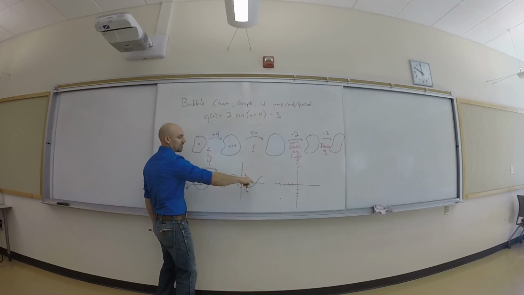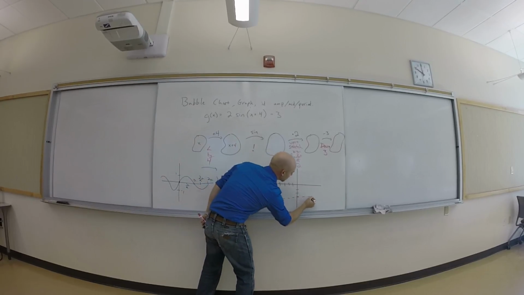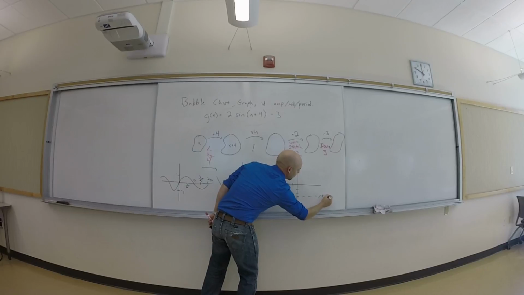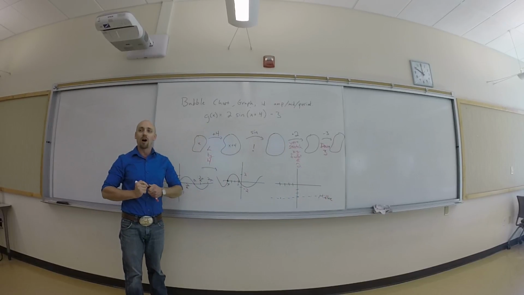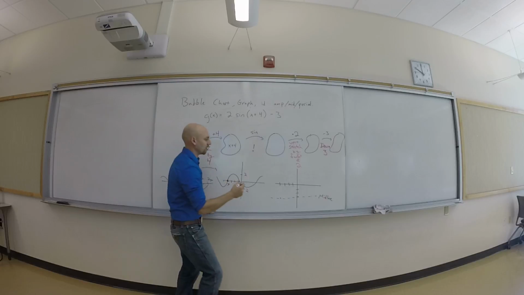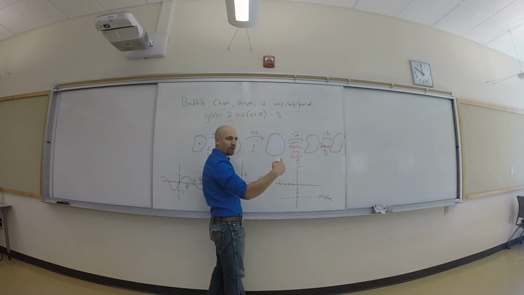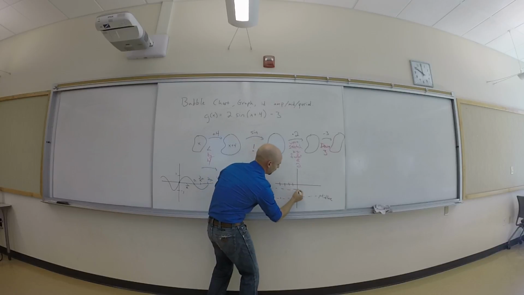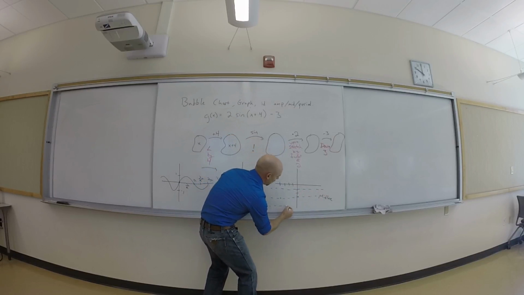Yeah, the midline was at 0. I shifted it down 3 units. So, okay. So here's my midline. Now, how far does this oscillate off the midline? 2 units. 2, right? Okay, so that means it goes from -3 up to -1 and down to -5.